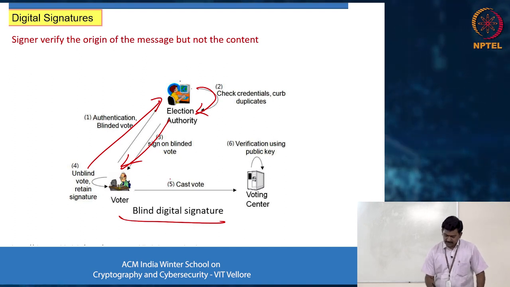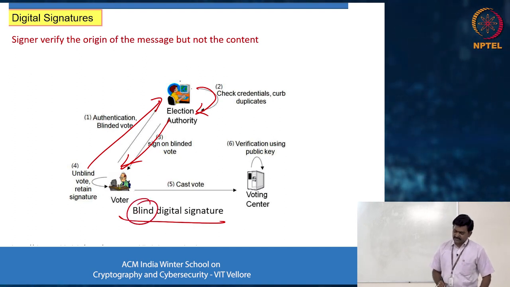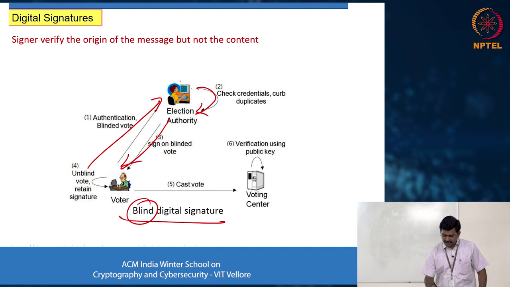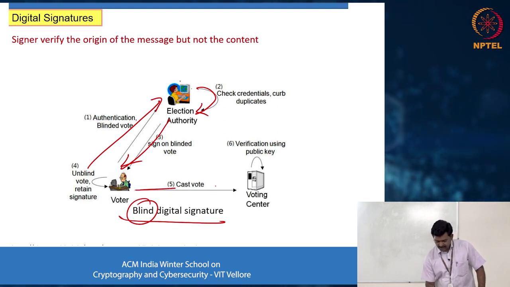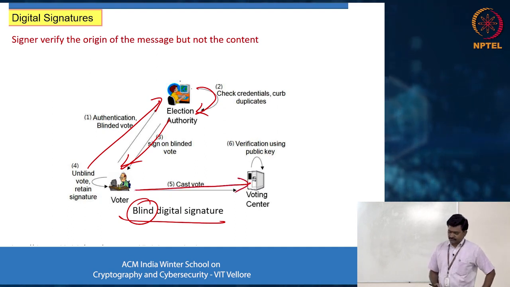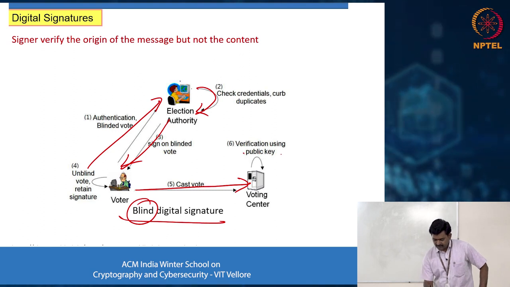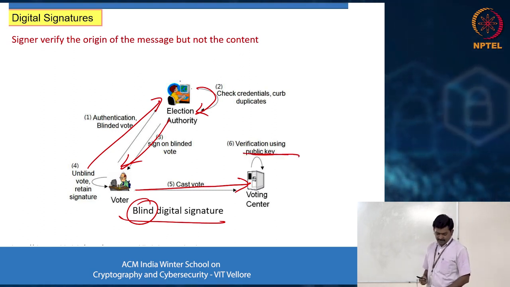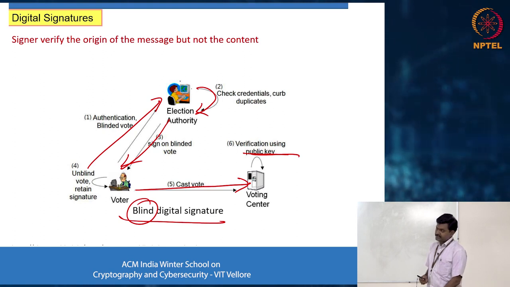It is called a blind digital signature in the sense that what I am casting is blinded to the election authority. Finally, verification happens only at the voting center. So this is a blind digital signature.